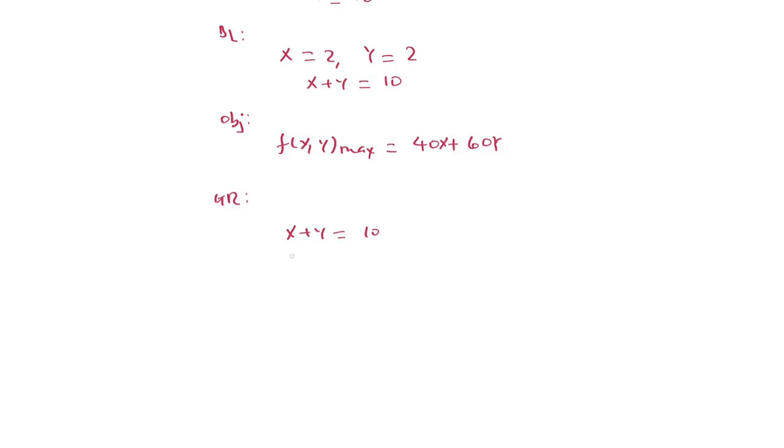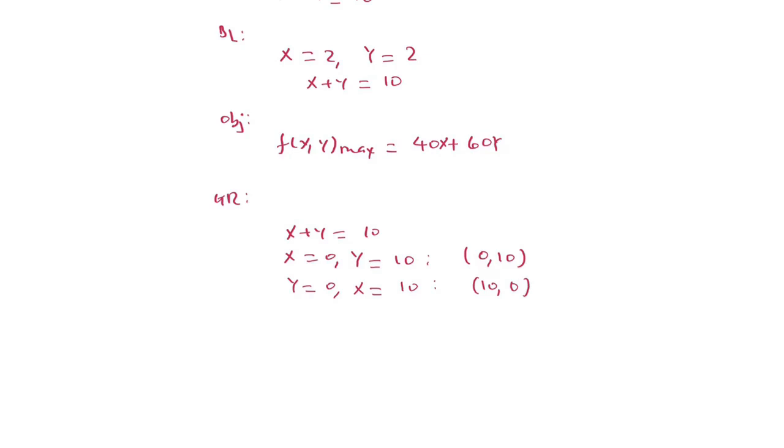So when x equals 0, y is going to be 10 and our point is going to be (0, 10). And then when y equals 0, x is going to be 10. Then our point is going to be (10, 0).